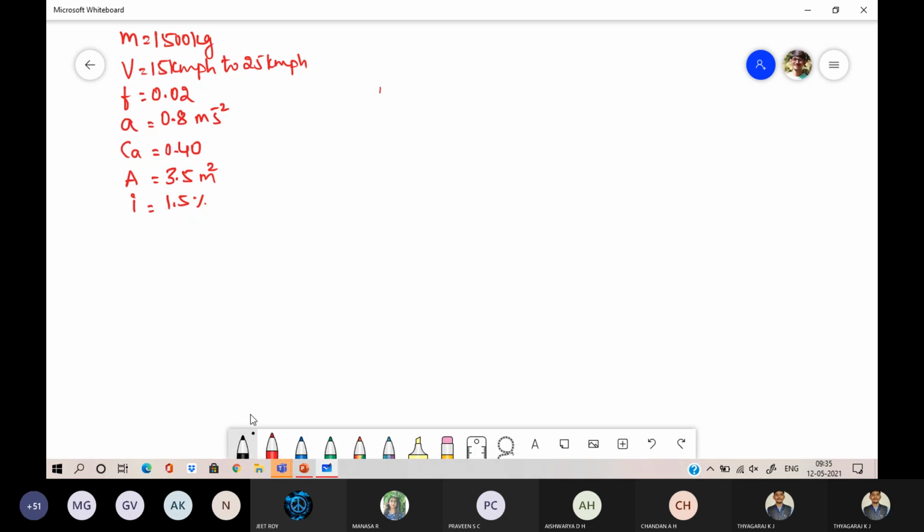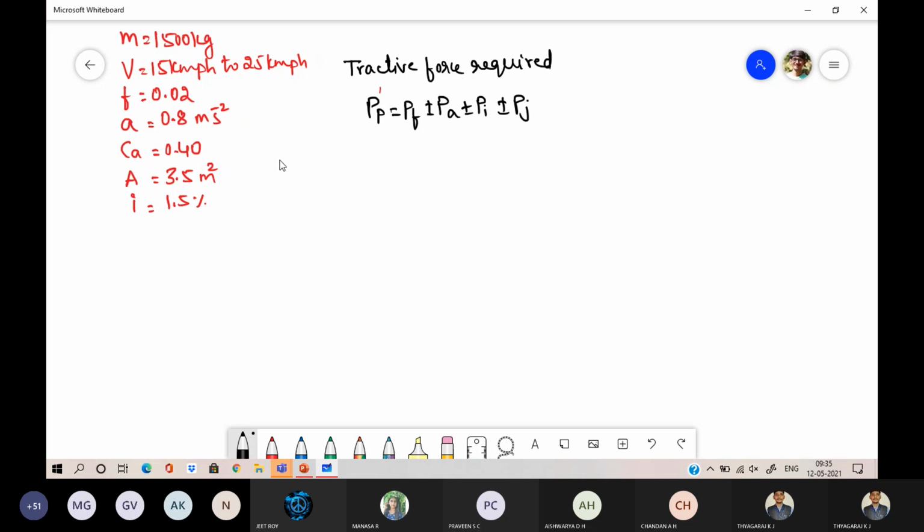So first we have to write the tractive force, that is in the solution part. Tractive force required P is equal to PA plus or minus PF, PA plus or minus PI plus or minus PJ.